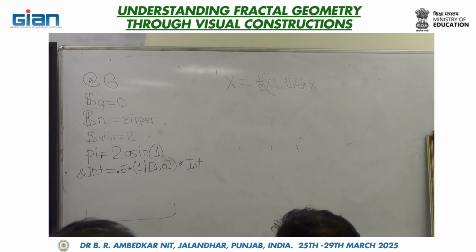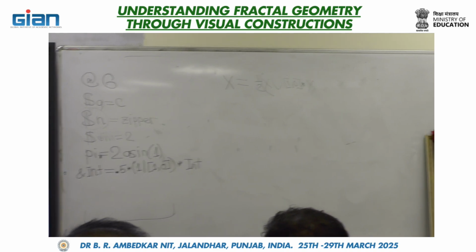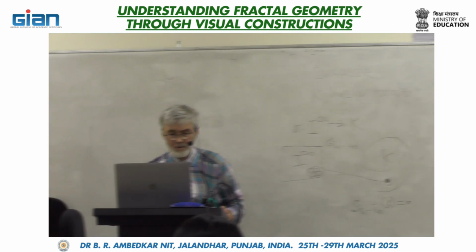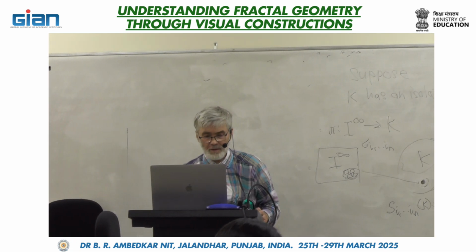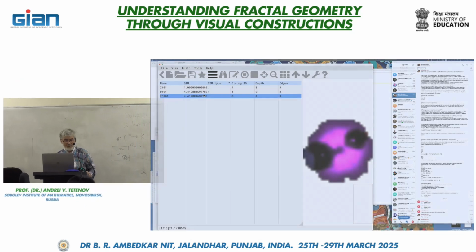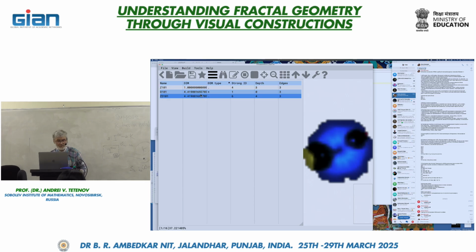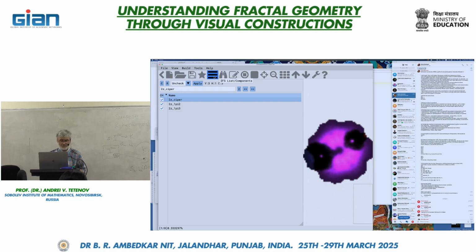If I apply this block, then I will see what is defined by it. Here you see three objects which are defined by this zipper. First, a polygonal line with arrows, second the attractor, and one more attractor, but we need to change the variables here.